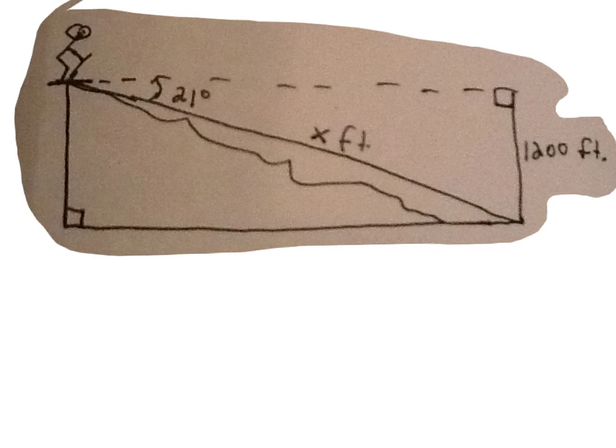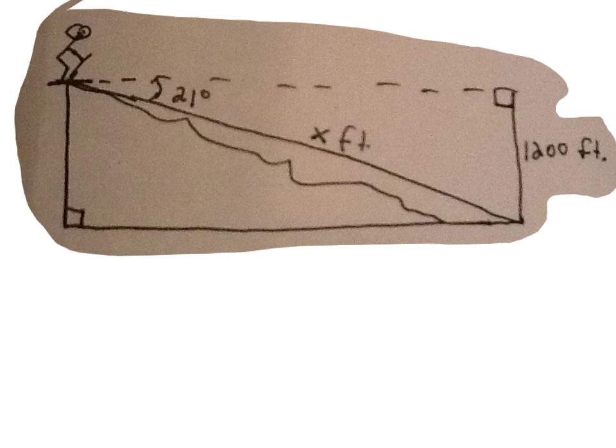That angle is 21 degrees, and I know that from the ground up to the top of the hill where I'm about to start skiing, that height is 1,200 feet. My question is, if all the bumps in the hill even out, and I just go straight down, how far would I actually be skiing?